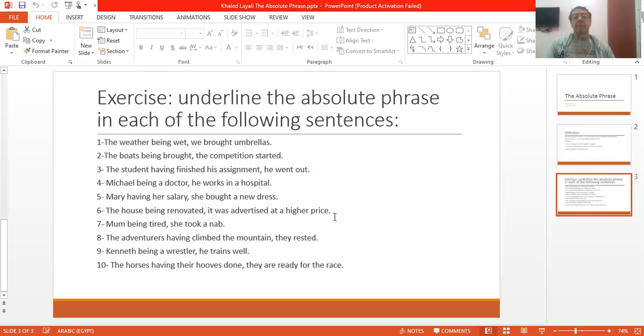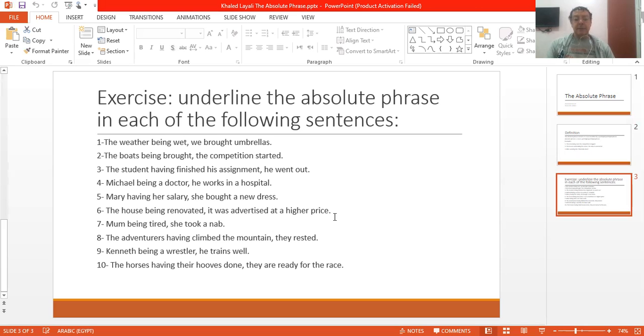Number seven, mom being tired, she took a nap. So mom, she, noun, or pronoun. Being tired is a participial that modifies the noun or pronoun. So mom being tired is an absolute phrase.